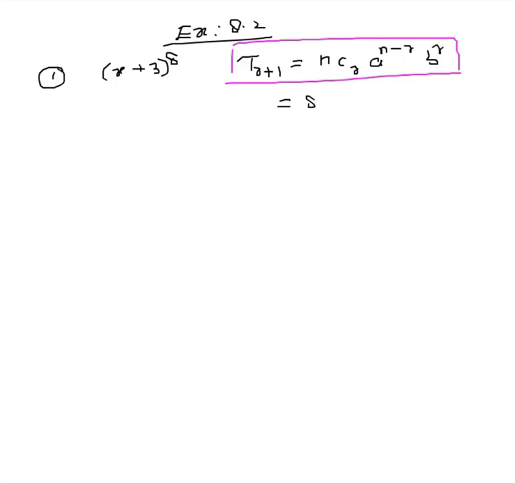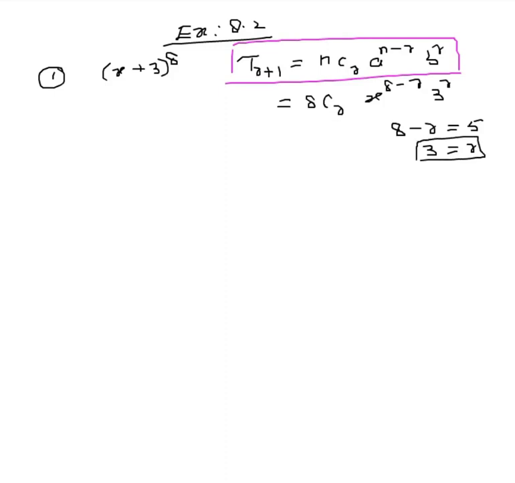In this question, n is 8, a is the first term, which is x, and b is the second term, which is 3. We need the coefficient of x^5. So equate the power of x to 5. So r must be 8 minus 5, which is 3.